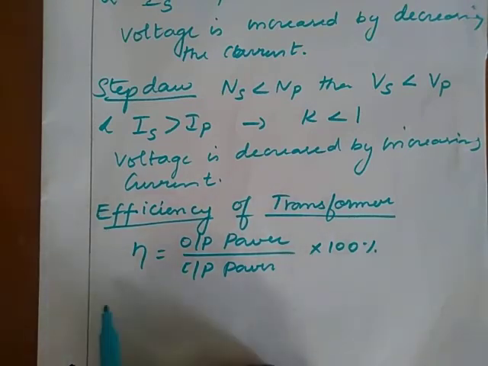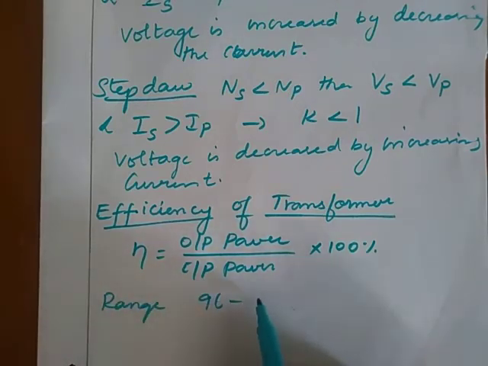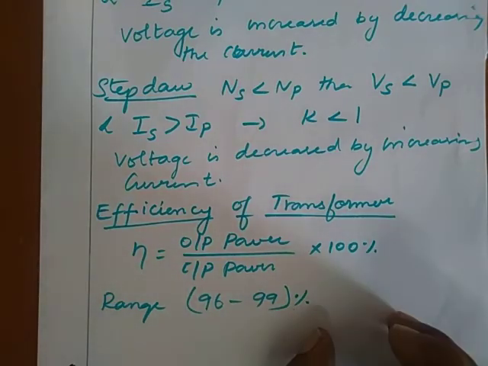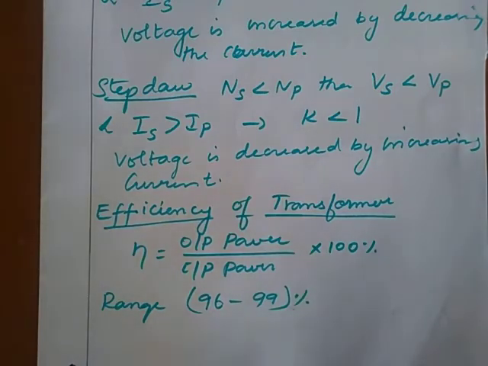The efficiency range of the transformer is 96% to 99%, but there is some loss. Due to that loss, it does not attain 100%. For an ideal transformer the efficiency is 100%. These are commercial transformers, so the efficiency is always less than 100.